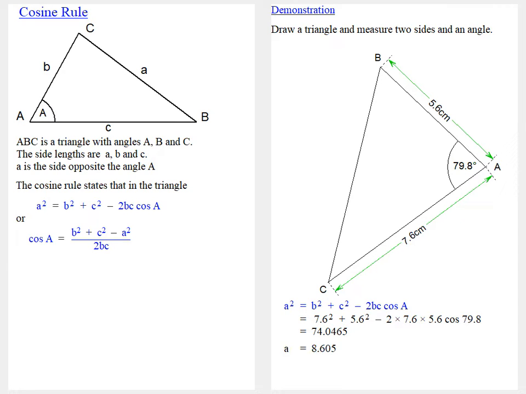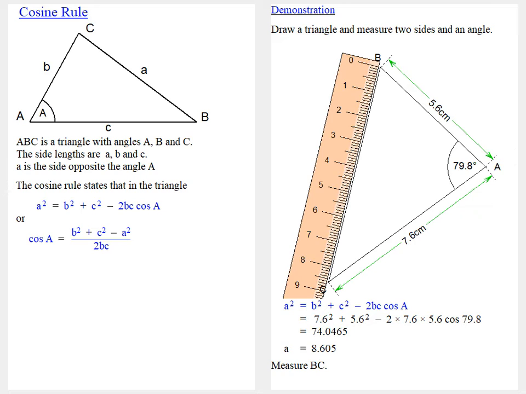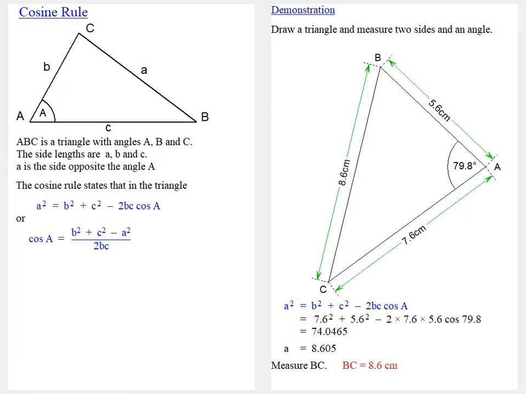If we take the square root, we find a is equal to 8.605 centimetres. Now if we measure the side BC, we can see that the length seems to be about 8.6 centimetres. So the calculated answer and the measured answer both lie within the limits of our accuracy.